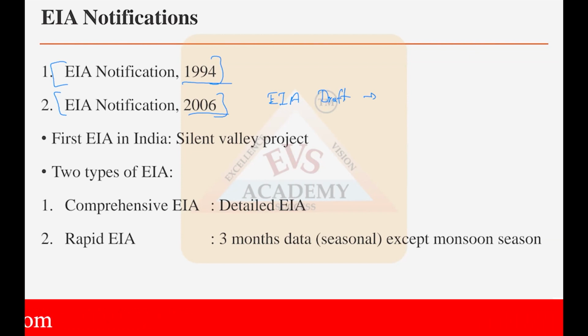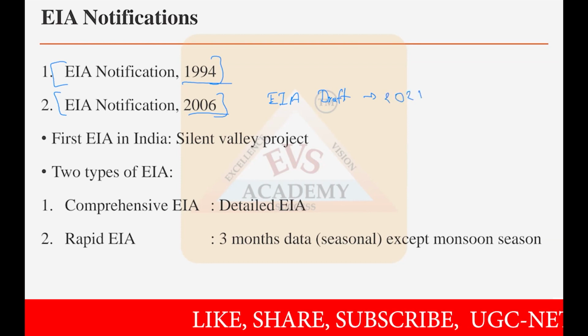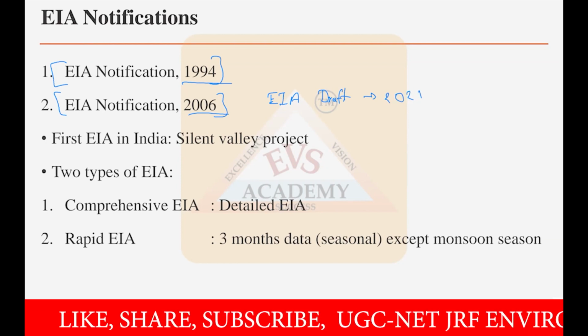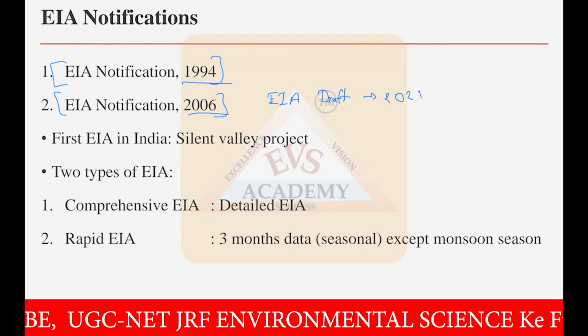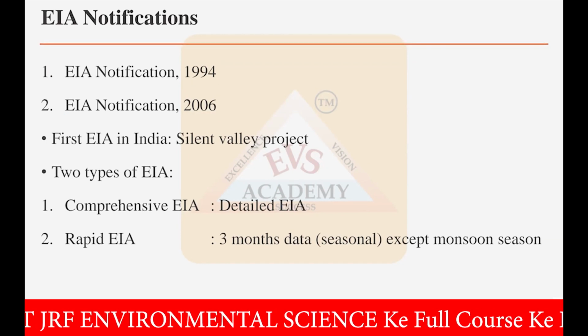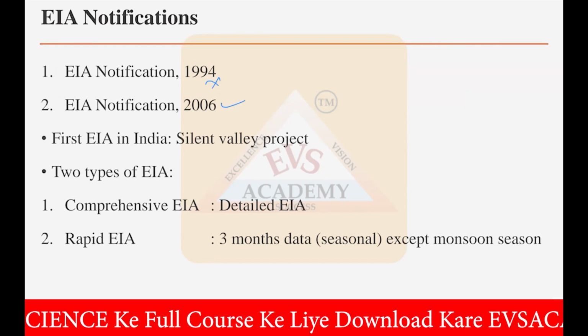So we don't know about that, but currently also the EIA draft policy of 2021 is under consideration. So they can change the rules very soon as well. But now we have only two notifications, and the 1994 notification is now not in use. We are using the 2006 notification.